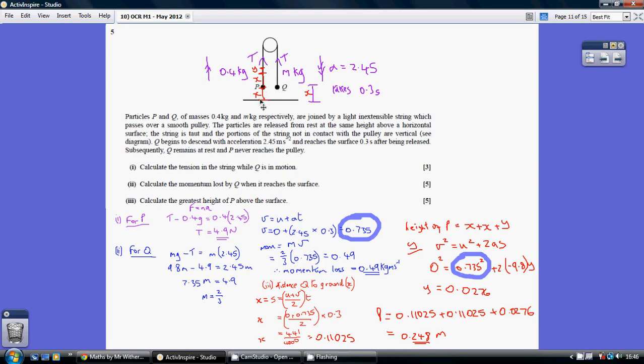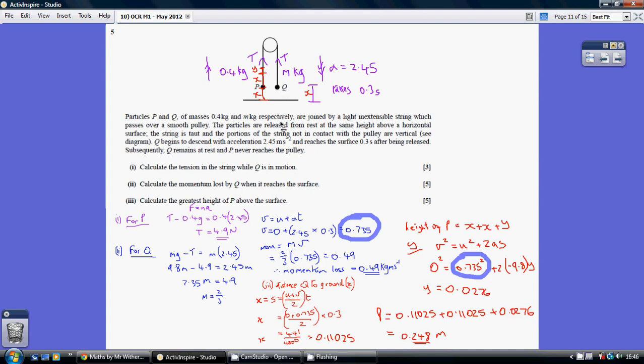So first things first, let's work out what x is. The way to work out x here is the distance travelled by Q on its way down, the distance Q travels down to the ground. So using s equals u plus v times t over 2, we know our initial speed of Q was 0.